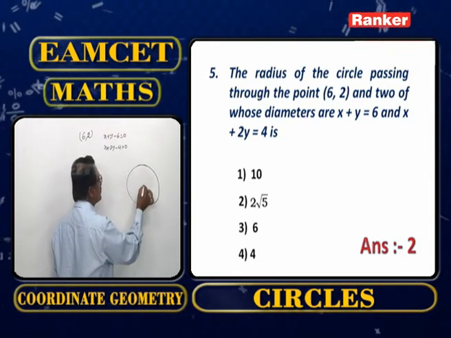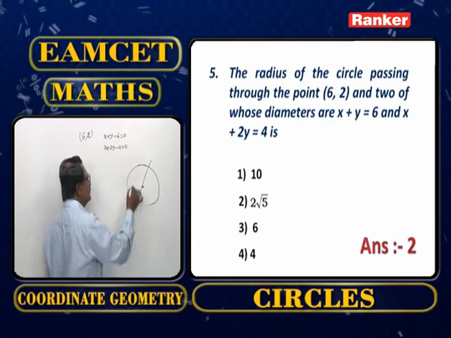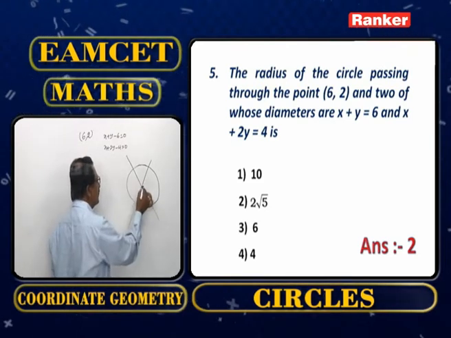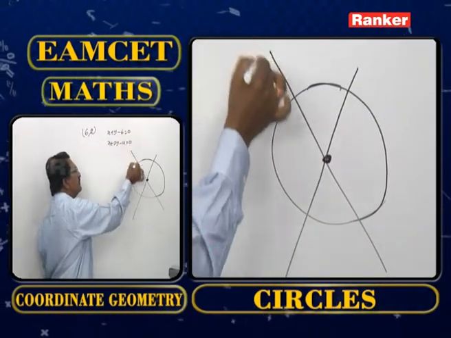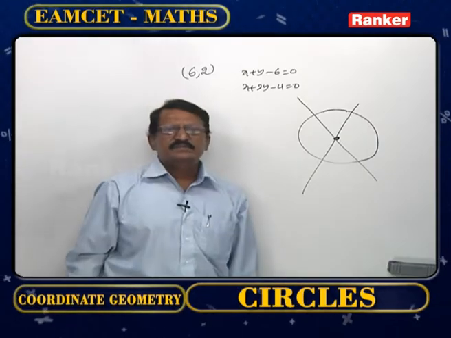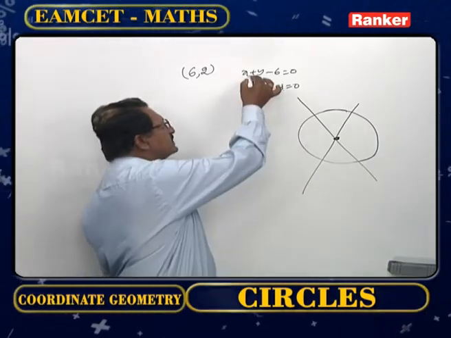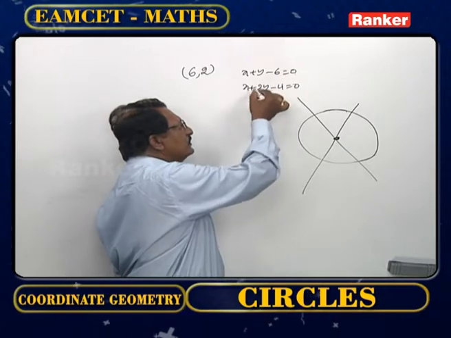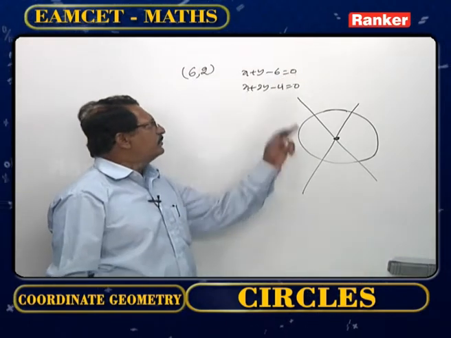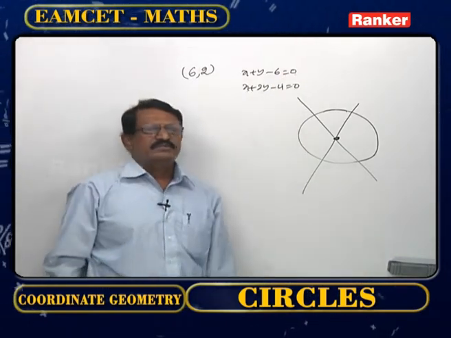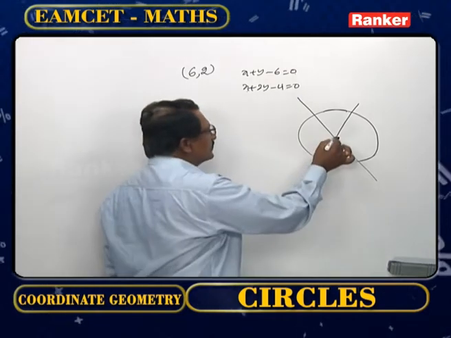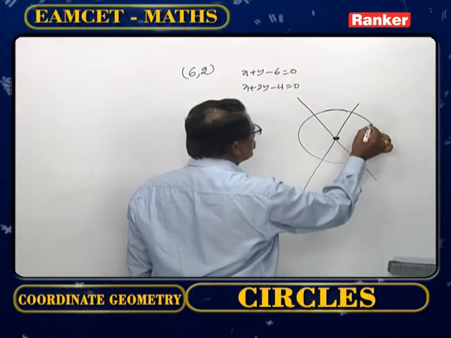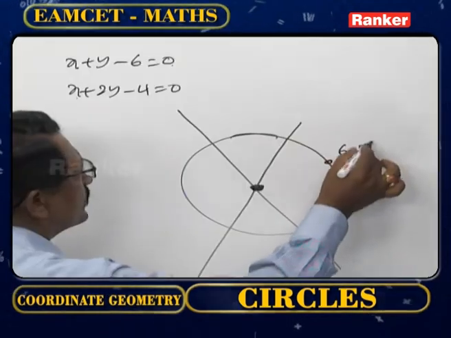Any straight line passing through the center of the circle is called a diameter. Given the equations of two diameters, one is x + y - 6 = 0, the second is x + 2y - 4 = 0, are two diameters of the circle, and the circle passes through (6, 2).